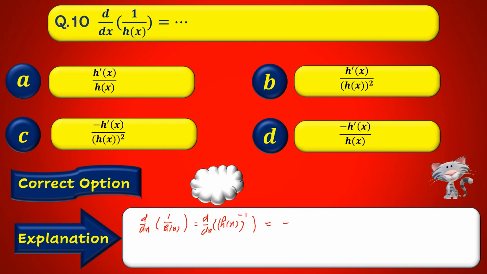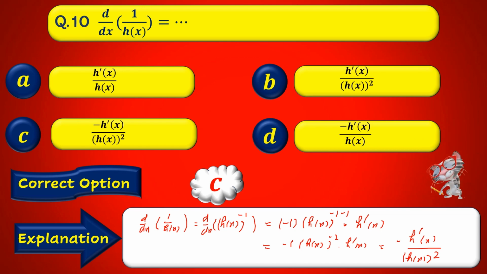Apply the power rule: minus 1 into h(x) raised to power minus 1 into the derivative of h(x). So it becomes minus 1 into h(x) raised to power minus 2 into h dash x, and eventually it becomes minus h dash x over h(x) whole square. So the correct option is option C.